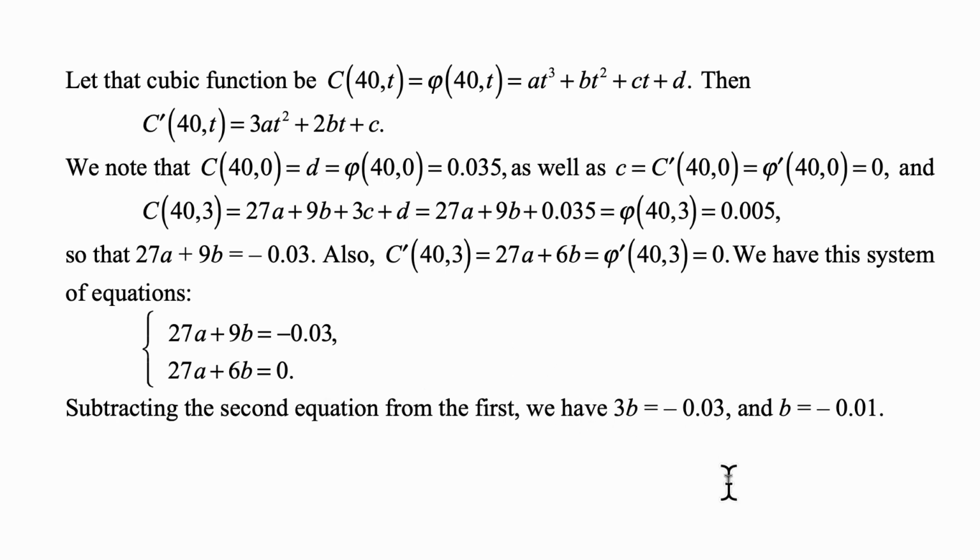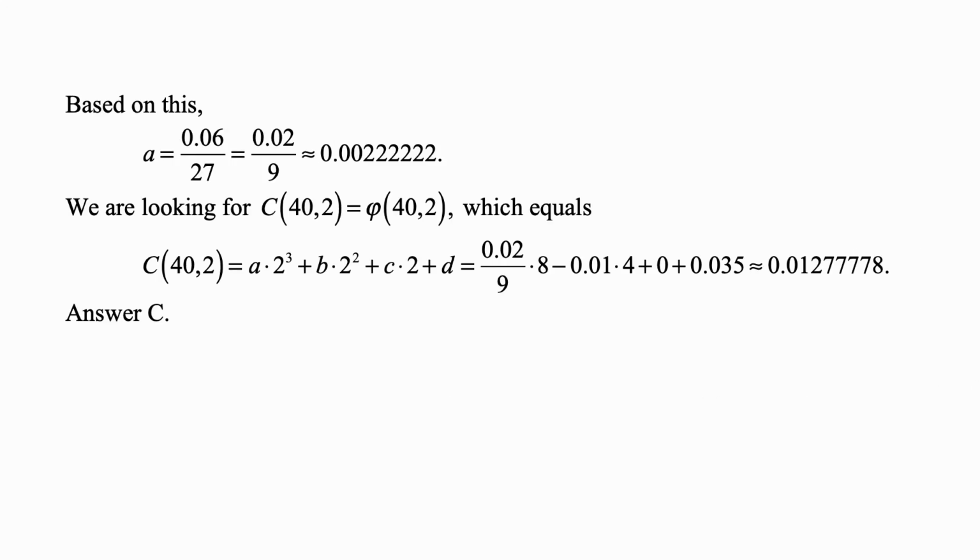Subtracting the second equation from the first, we get 3b is negative 0.03, so that b is equal to negative 0.01. Based on this, a would be equal to 0.06 over 27. Dividing the top and bottom by 3, that's 0.02 over 9, which is approximately 0.002222.